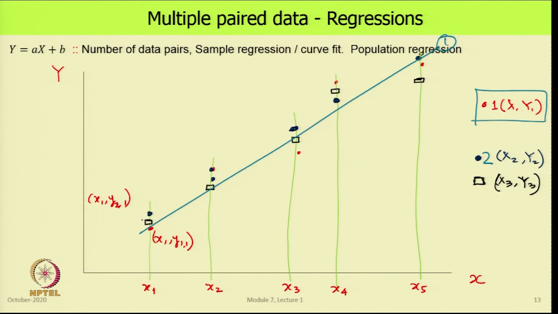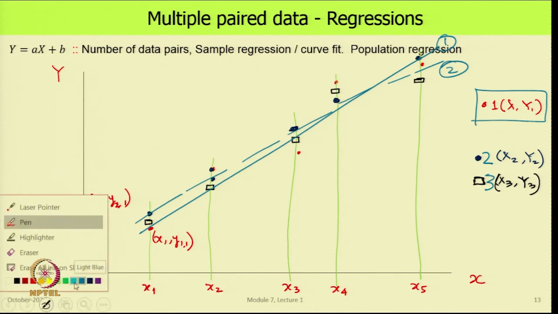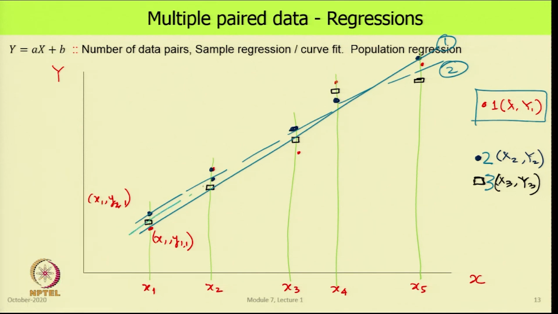And so, this person makes a regression and his regression comes say something like that. The third person says, this was my data set, I will make my own regression and so this person makes a regression which goes like this. This is regression number 3. And so, as many sets of such data are there, that many regressions are coming out.